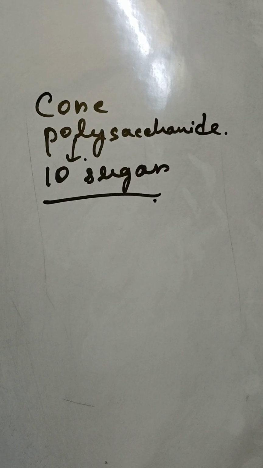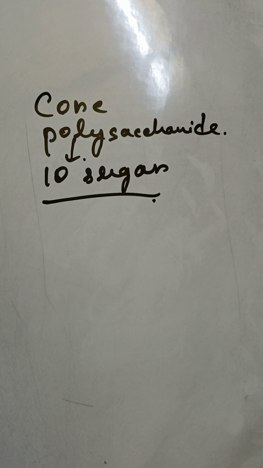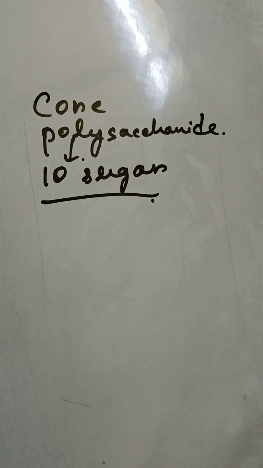They are not very similar, or they are not symmetric. So these are the 10 sugar moieties contained in the core polysaccharide, and they are unusual as per their structural analysis.